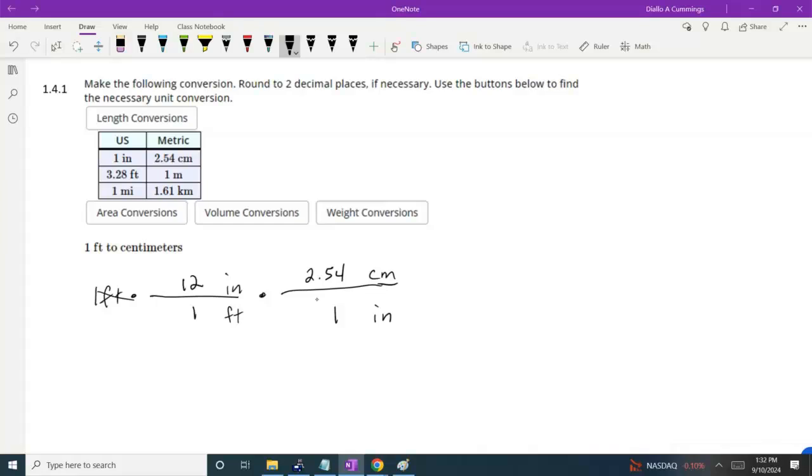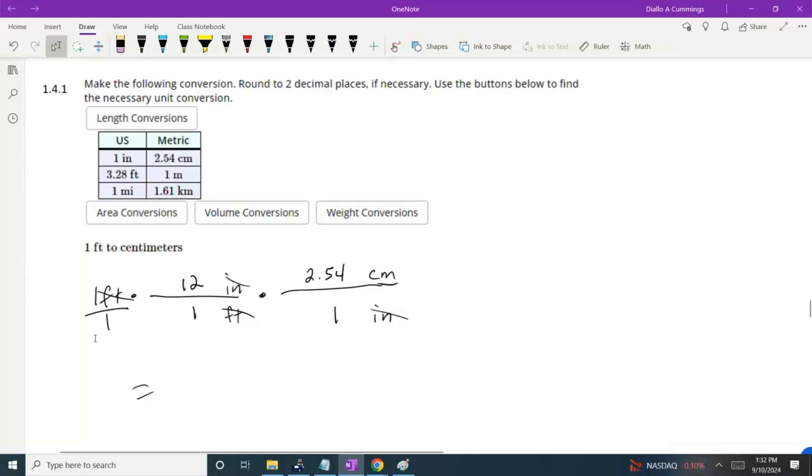Now when I multiply, the unit of feet will cancel, the unit of inch will cancel, and I'm left with centimeters. Keep in mind that everything can be written out as a fraction, so for 1 foot, I can simply put that over 1.